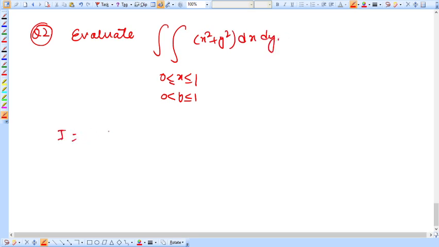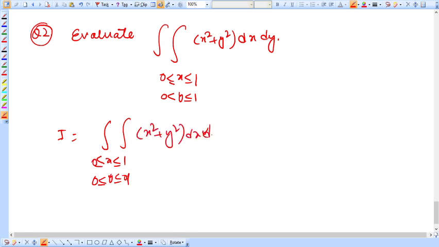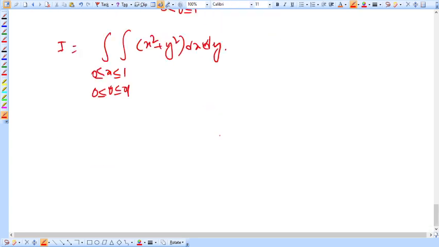Here x is varying from 0 to 1, y is varying from 0 to 1. Here the integrand is x square plus y square dx dy, right? So we want to evaluate this.